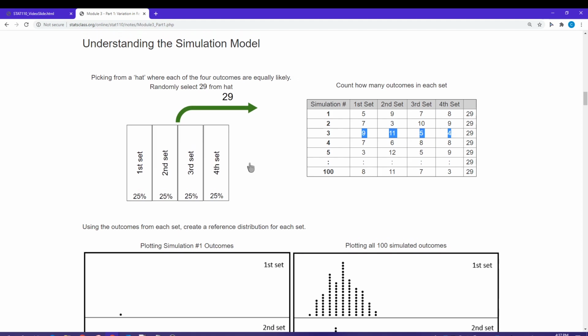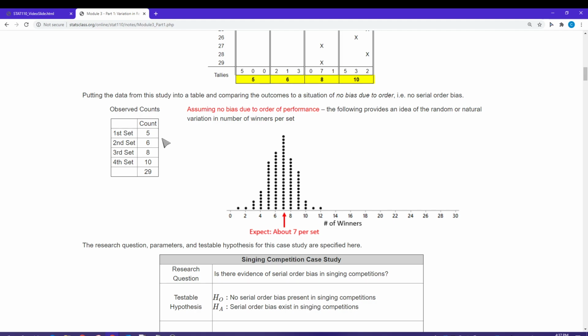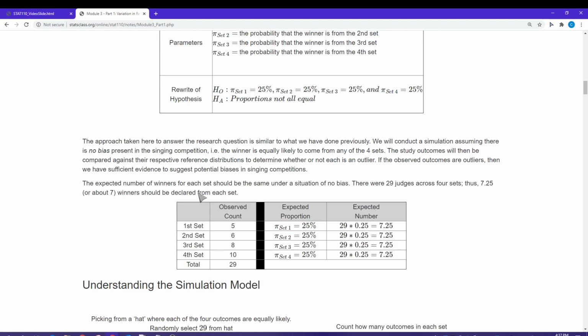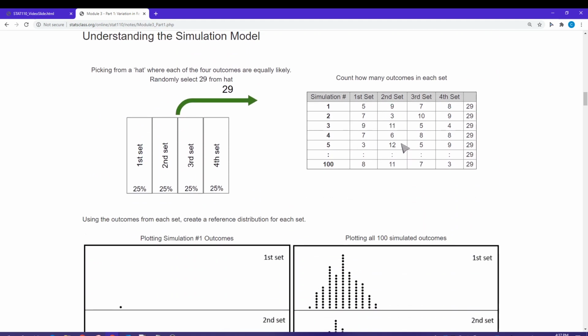However, if my breakdown of, again, 5, 6, 8, 10 is far away from these numbers, then I'm going to say that there is evidence of serial order bias, or that the proportions are not all equal.